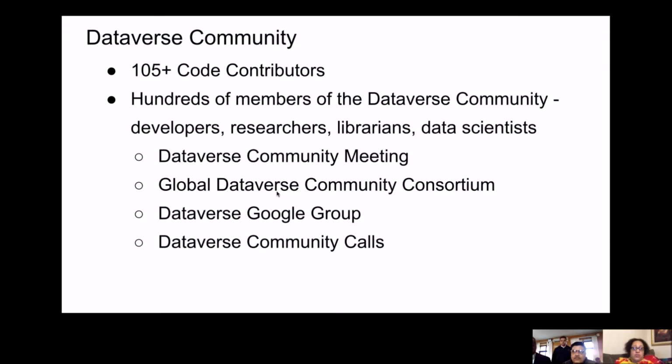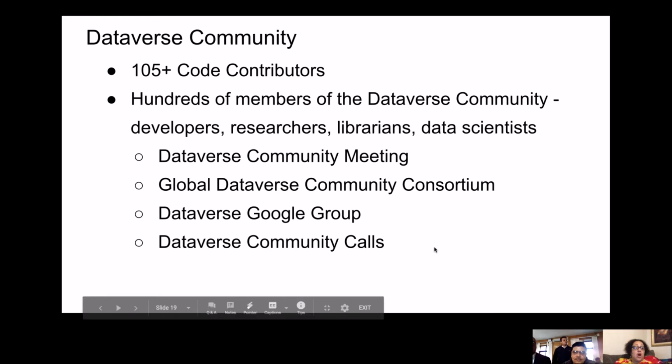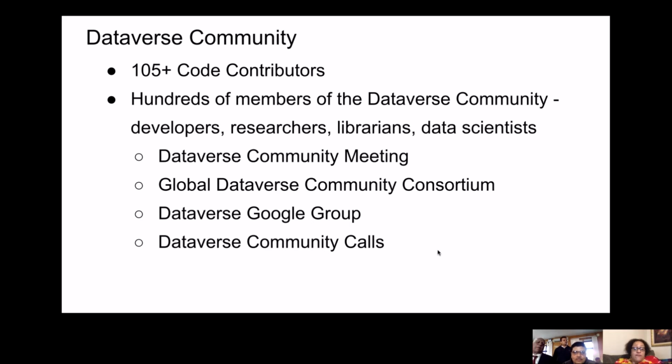We also have a Global Dataverse Community Consortium, a group that most of the installations around the world have joined, because it gives you access to the community of coders, and it also gives you discounts on your DOI cost through DataCite and your handle cost. We have a Dataverse Google group, and we have Dataverse community calls every 2 weeks, but we have calls for the international communities that take place at 9 p.m.